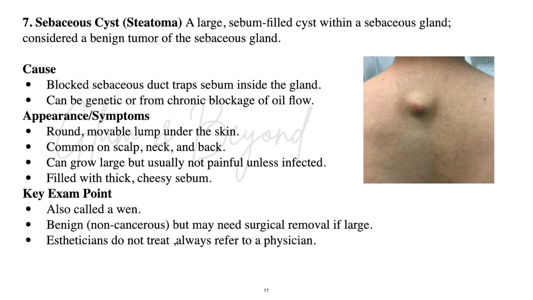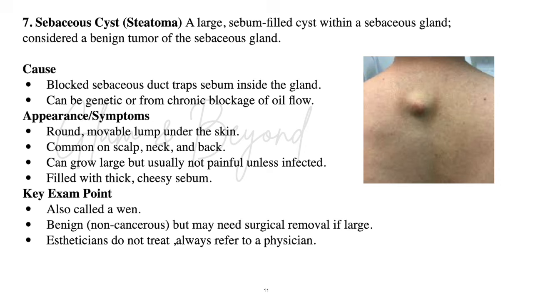Can grow large but usually not painful unless infected. Again, it is filled with thick, cheesy sebum. Key exam points to help you remember: a sebaceous cyst, steatoma, is also called a wen, a benign, non-cancerous, but may need surgical removal if large.